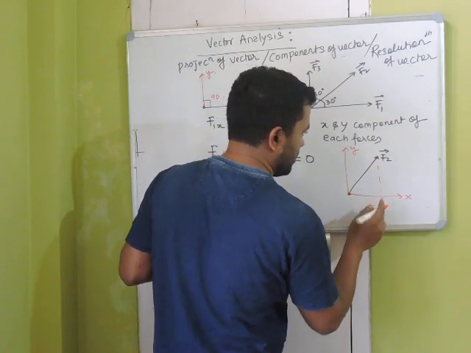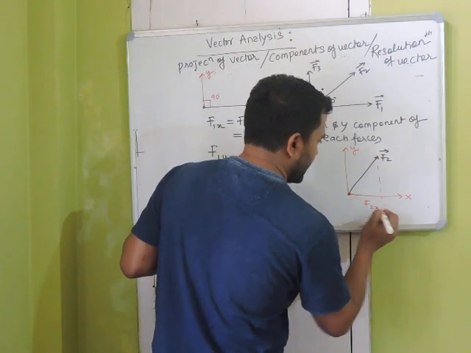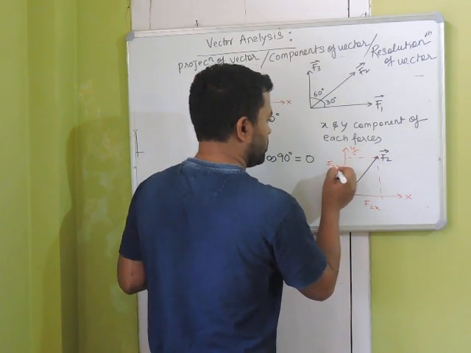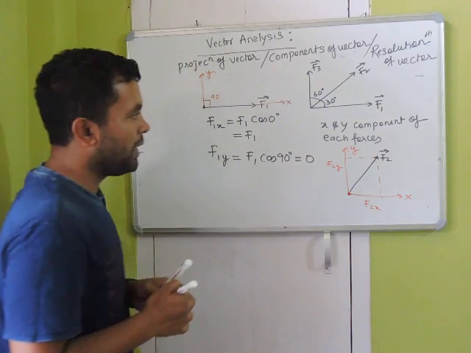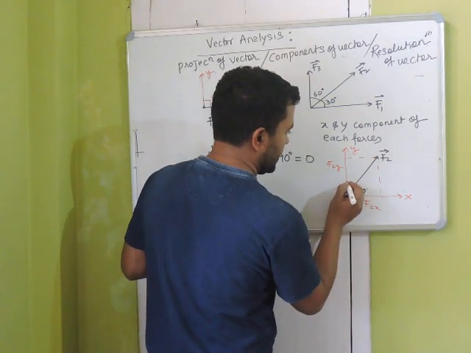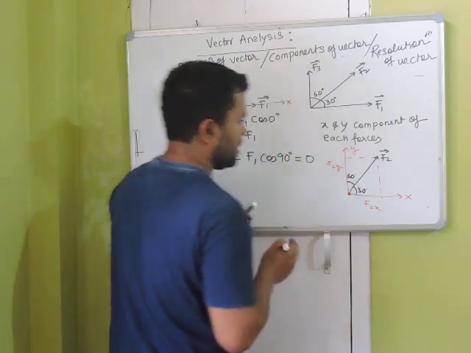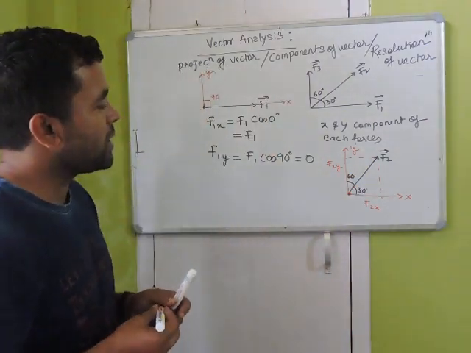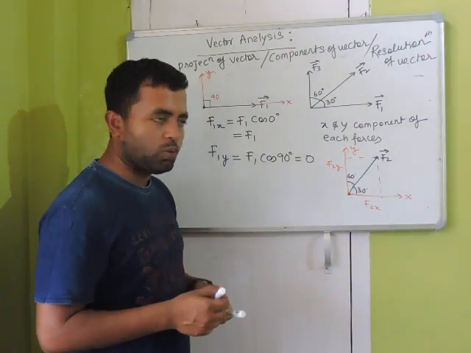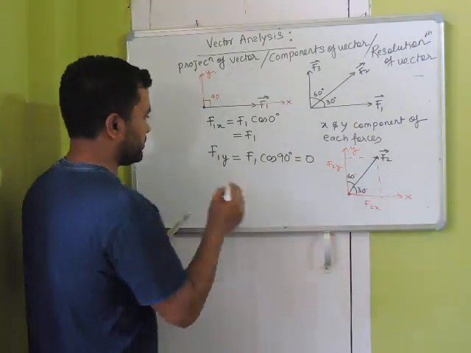This is its x component, f2x, and this will be f2y, right? Now what angle is it making? 30 degree, and this is 60 degree.